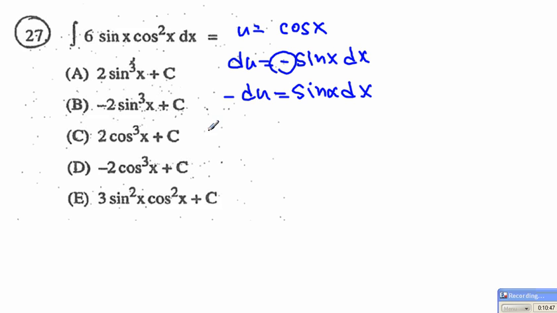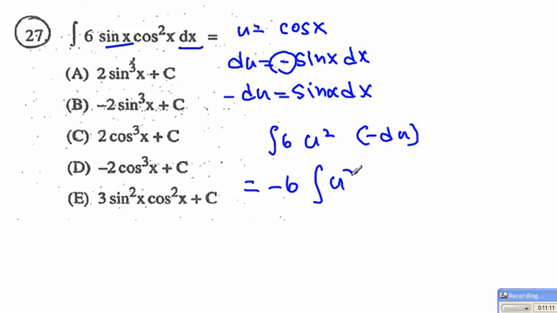Now, by using these substitutions, we end up getting integral of 6, and sine and then dx becomes negative du, while cosine becomes u, so we have u squared. So in other words, we get negative 6 integral of u squared du.